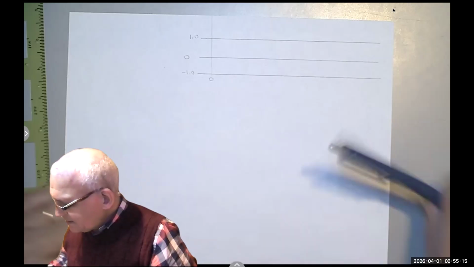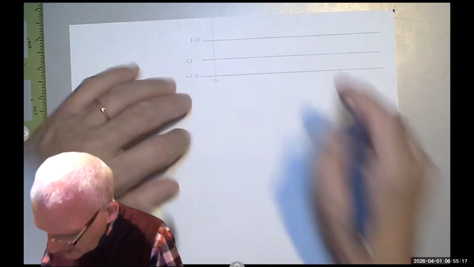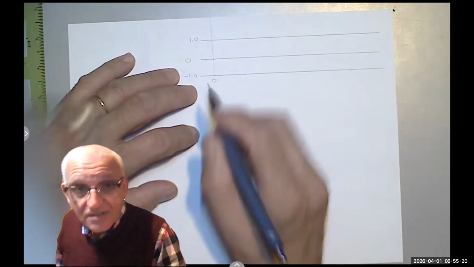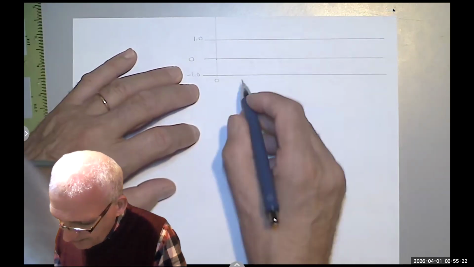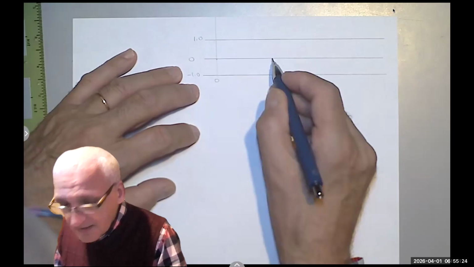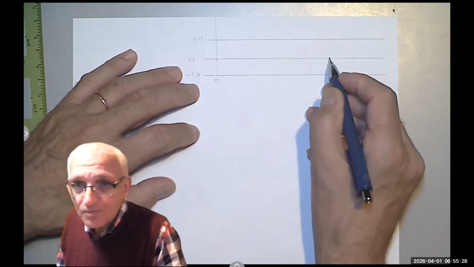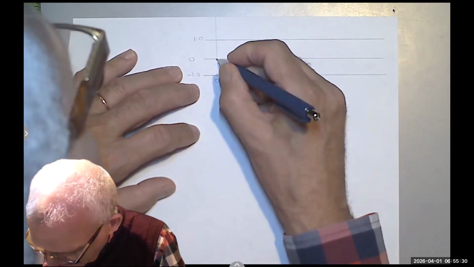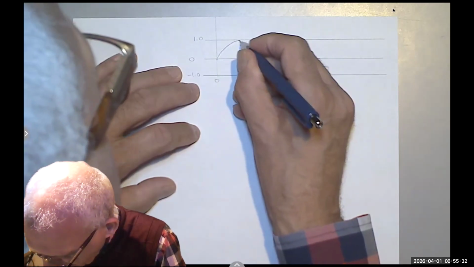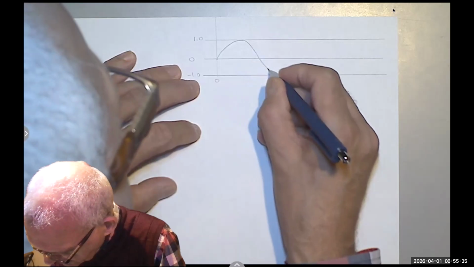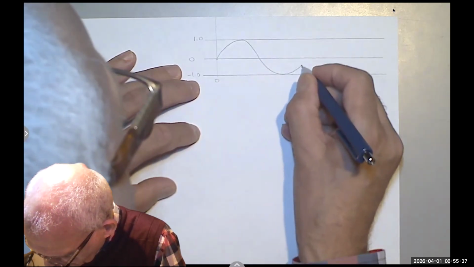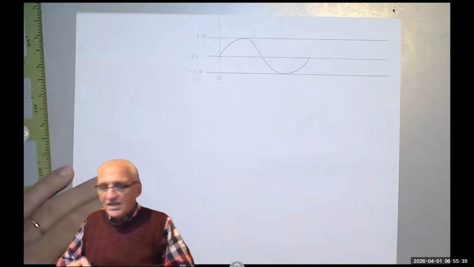So when I plot the sine curve, I start with 0 because sine 0 is 0, sine pi over 2 is 1, sine pi is 0, sine 3 pi over 2 is -1, and then sine 2 pi is 0. So I get a wave that looks something like that. It's not drawn properly, but you get the point.